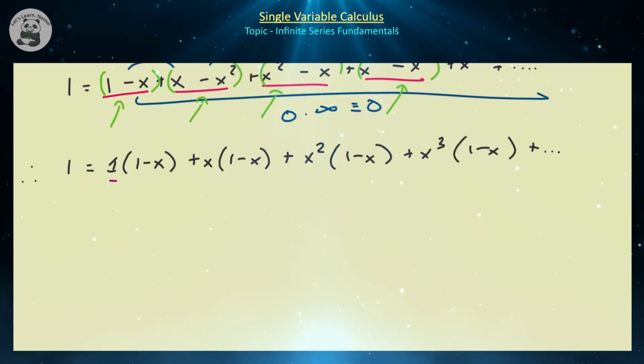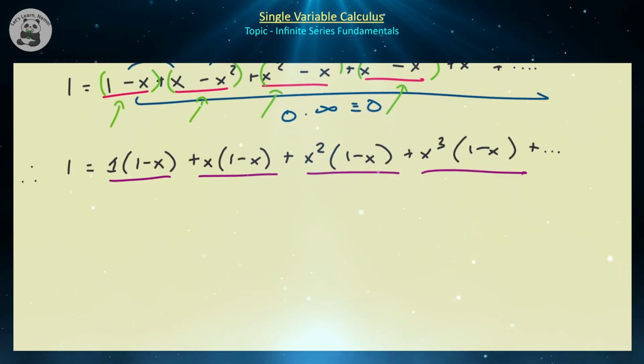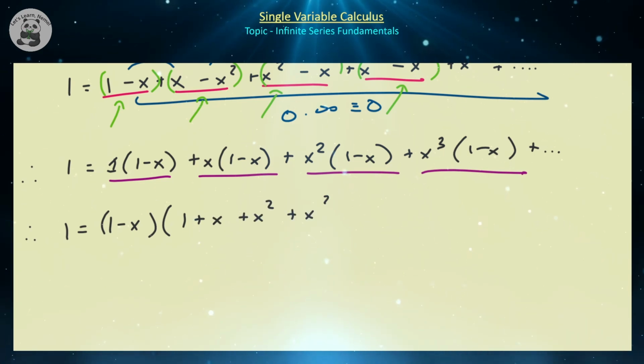Notice that I have a 1 minus x in every single one of these terms, and hence I can factor it out. So I'm going to have 1 is equal to (1 minus x) times (1 plus x plus x squared plus x cubed plus x to the 4, and so on).